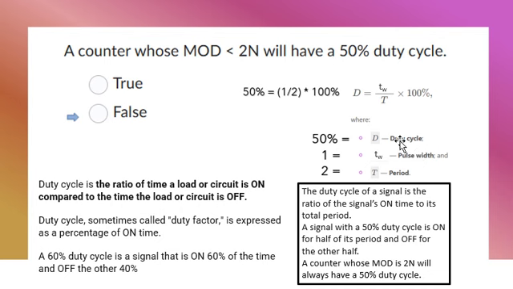So a signal with a 50% duty cycle is on for half of its period, and definitely it's going to be off for the other half. So 50 on and 50 off. If you have a 70% duty cycle, it's 70 on and then 30 off.